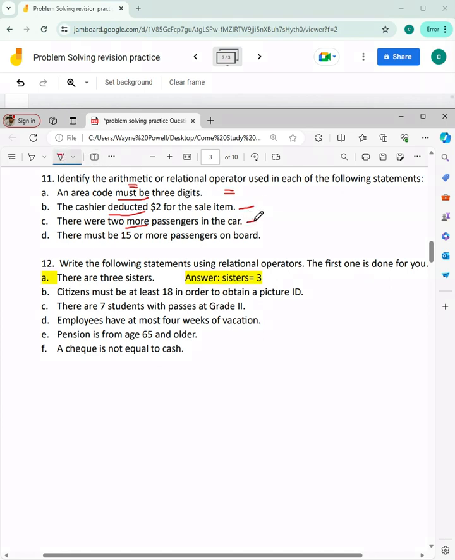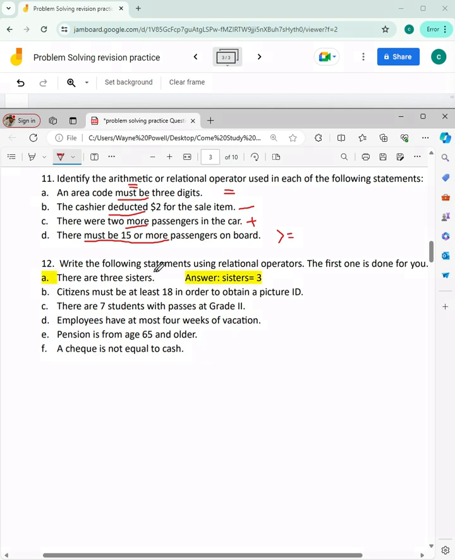So it's an addition. There must be 15 or more passengers on board. We know 15 or more is greater than or equal to.